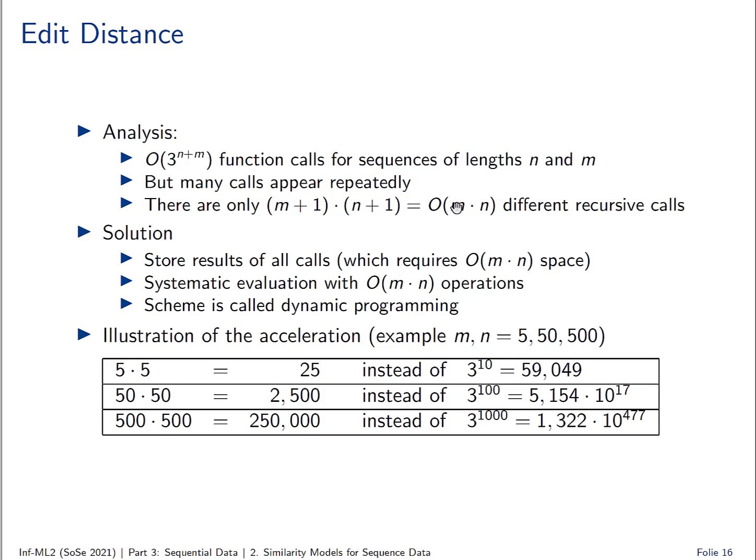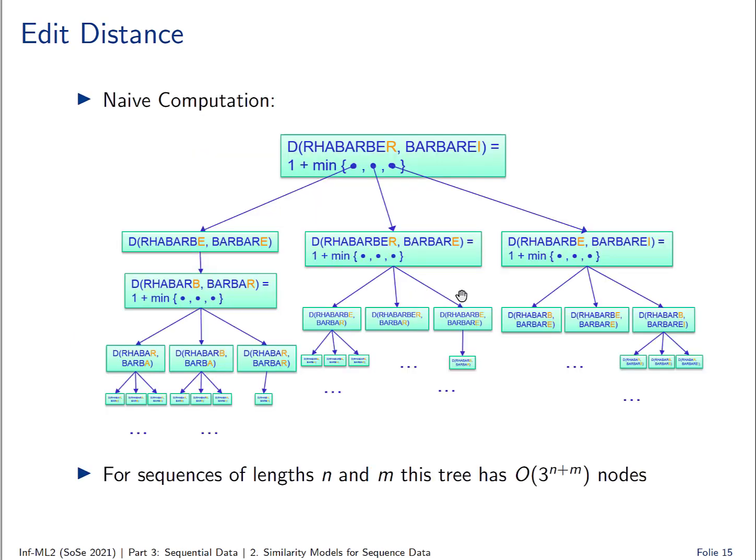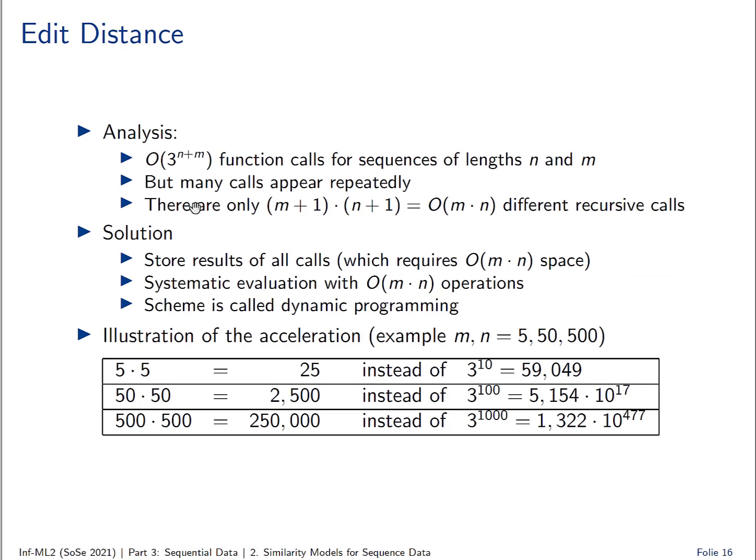But if we look closer at this, we see that a lot of those function calls are actually redundant. So this here is the same as this one here. Look at that a little bit closer and think about it. A lot of those recursive calls will be the same, will be redundant actually. So a lot of those calls appear repeatedly.